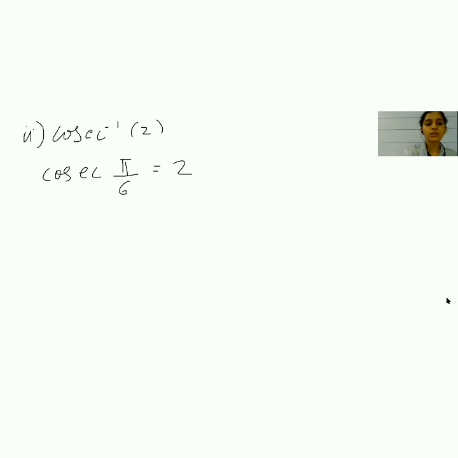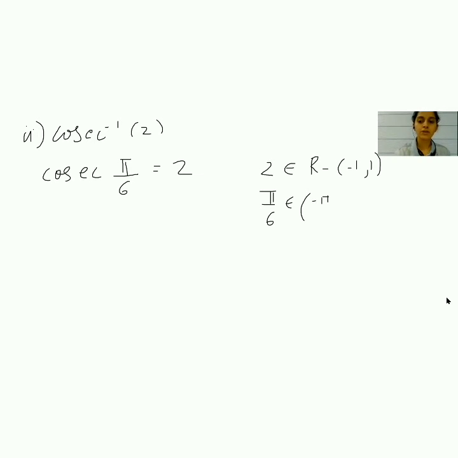Let us check whether it's lying in the cosec inverse range. So 2 belongs to R minus the interval minus 1 comma 1, and pi by 6 belongs to, what has to be excluded? 0 has to be excluded.